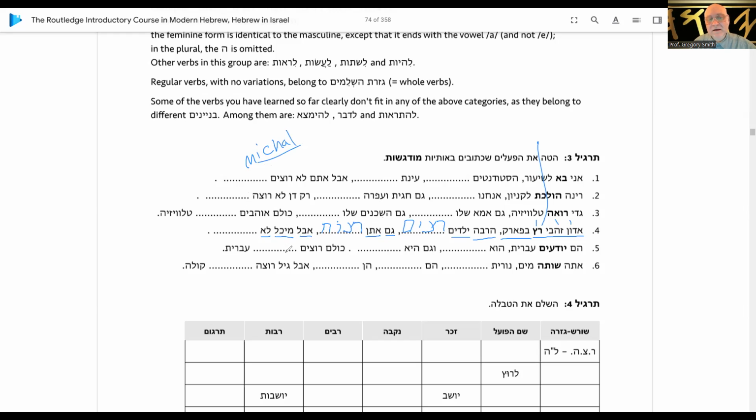Remember that's feminine singular, is not running, so it's going to be ratzah. I'm speaking of King David in the Bible. So aval Mikal lo ratzah. But Mikal is not. So we should have ratzim, ratzot, and ratzah in number 4.